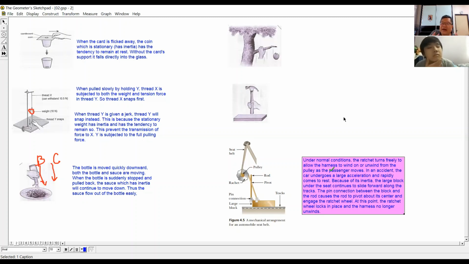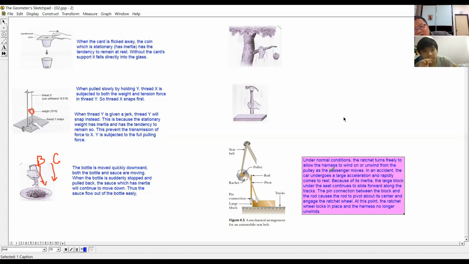Now, what is the mechanism behind the seat belt that enables it to lock itself? When an accident happens, the seat belt is locked and it will prevent your body from moving forward. But in ordinary times, when there's no accident, you can easily move forward even though the seat belt is there.